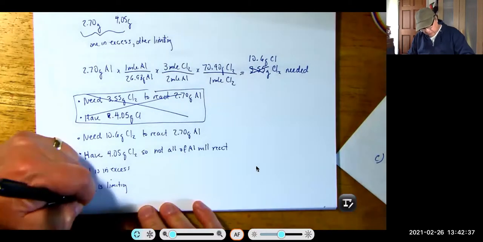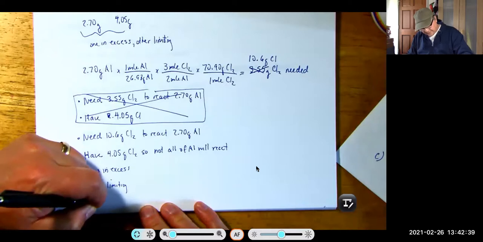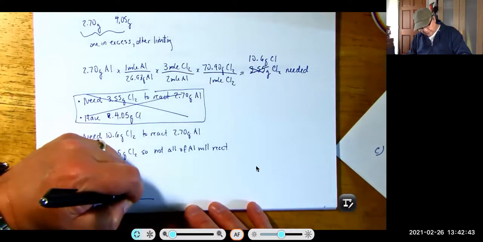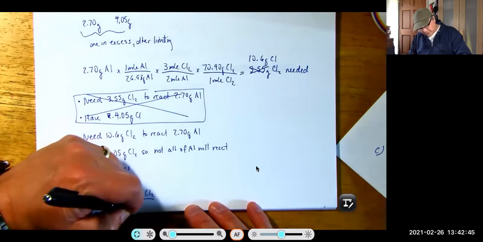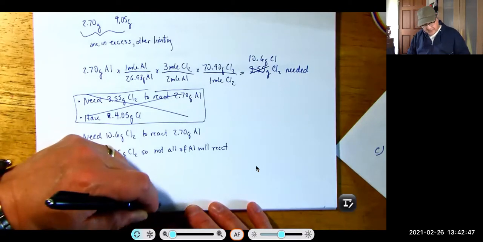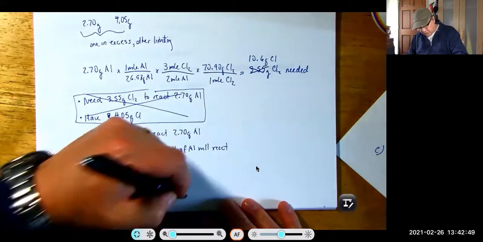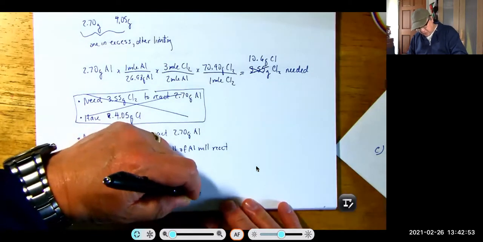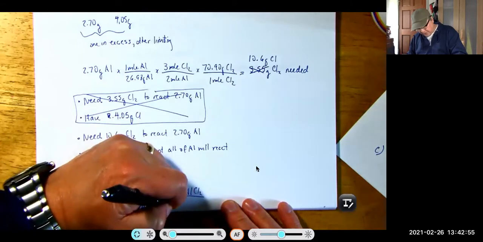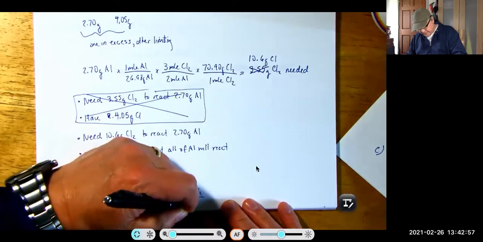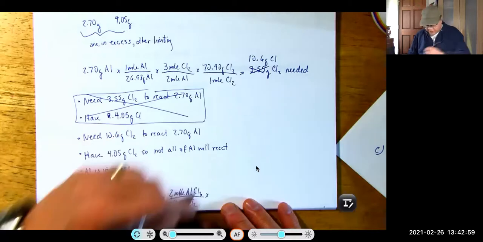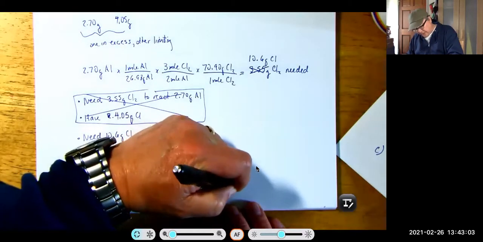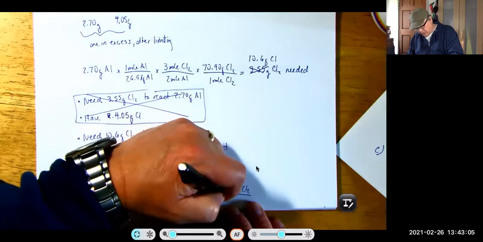So we'd start with 4.05 grams of chlorine, multiplied by 1 mole of chlorine per 70.90 grams of chlorine, and then 2 moles of aluminum chloride per 3 moles of chlorine, and then the 133.33 grams of aluminum chloride per 1 mole of aluminum chloride.